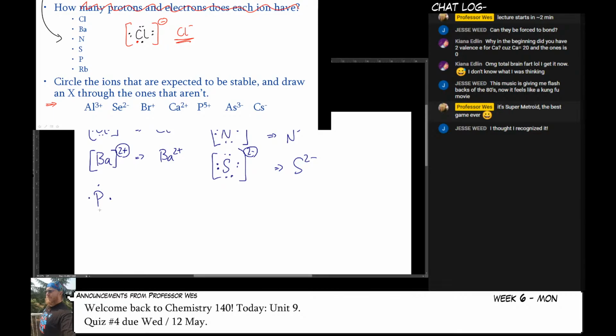Phosphorus has 5 valence electrons, so I have to give it 3 more to get its octet. And rubidium here has 1 valence electron. We're just going to kill that right now. Boop. And that's its octet there too.